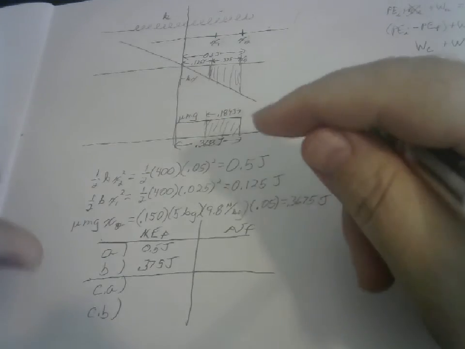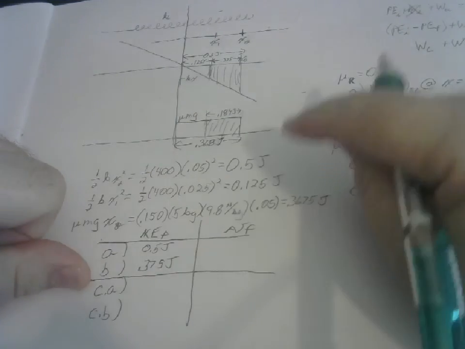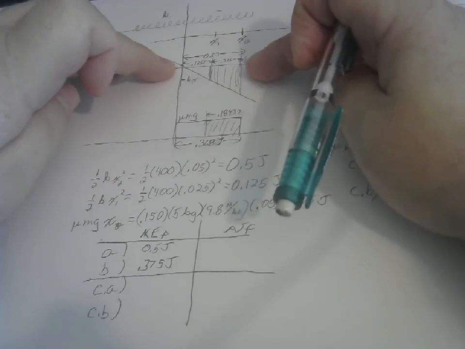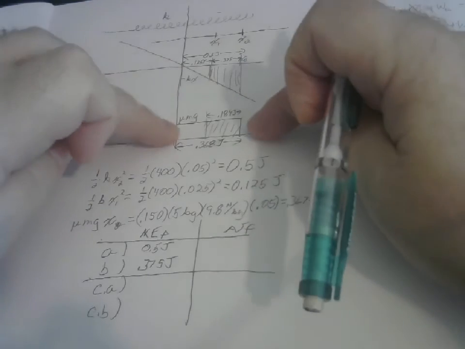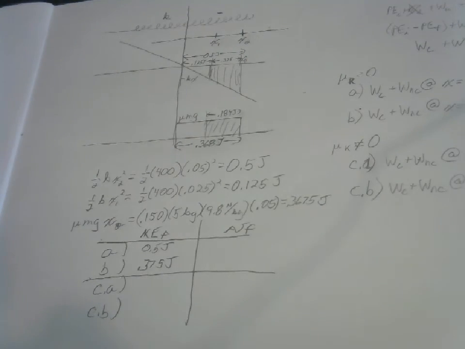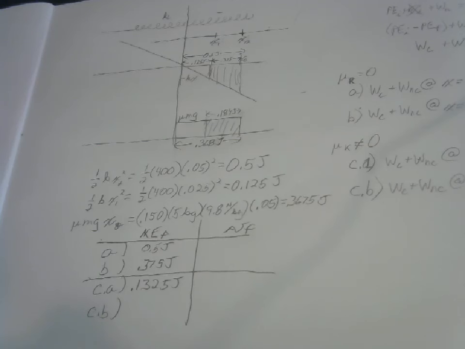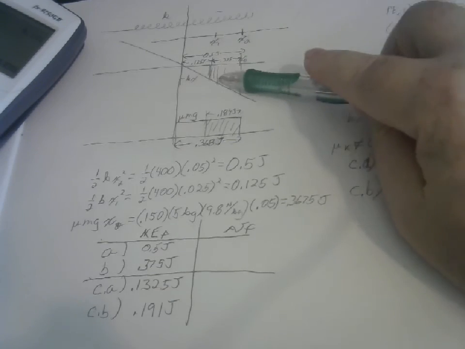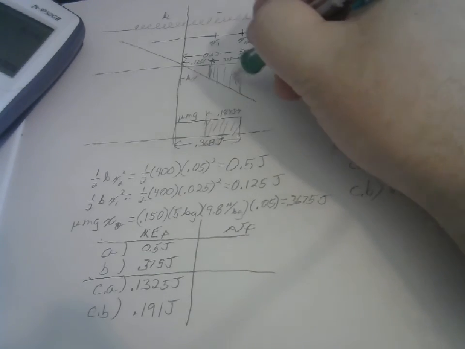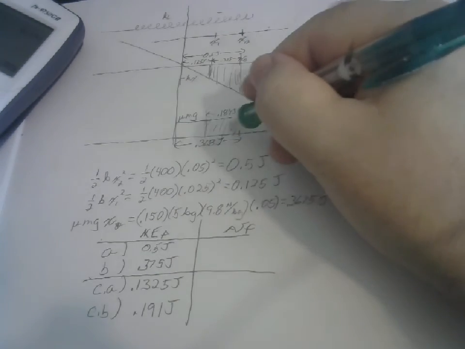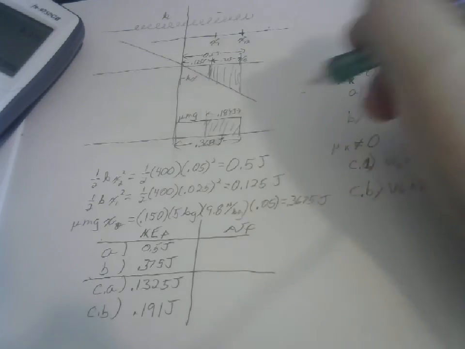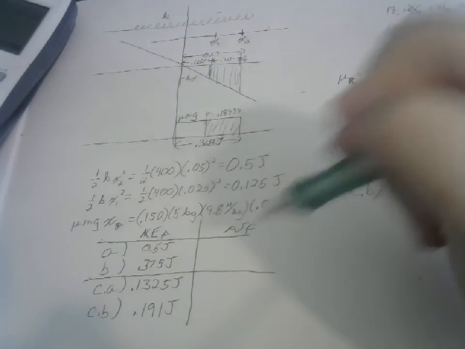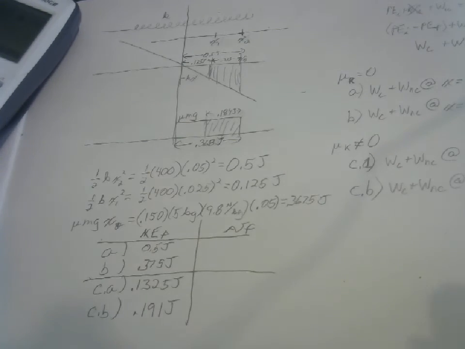The answer to part C, part A, was the entire area of that triangle minus the area of that rectangle, which was 0.1325 joules. And for C part B, we take the area of this part of the triangle minus the area of the shaded spot here minus the area of the shaded spot there, which is 0.191 joules.